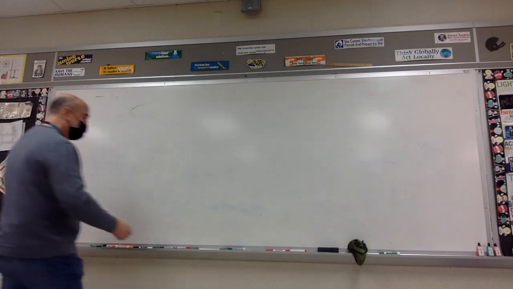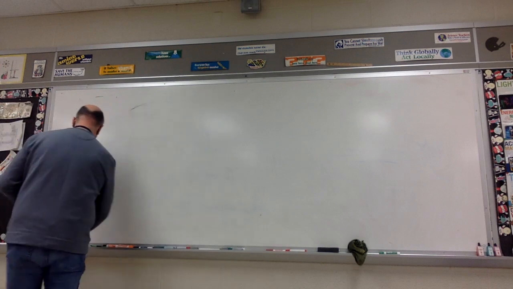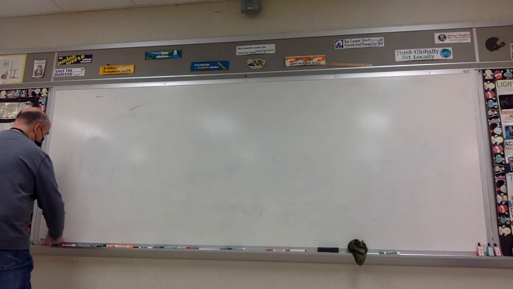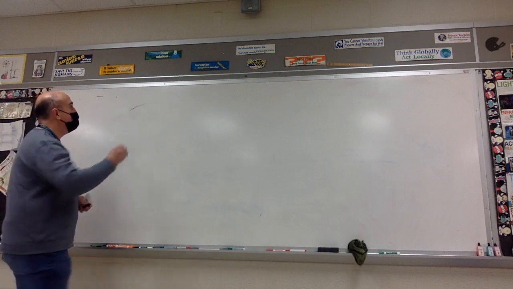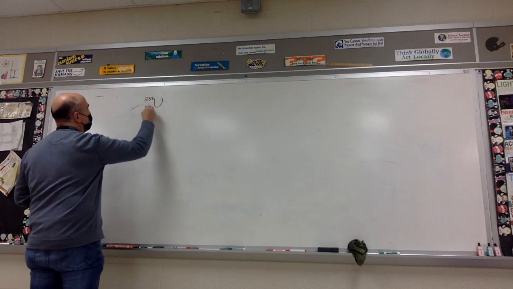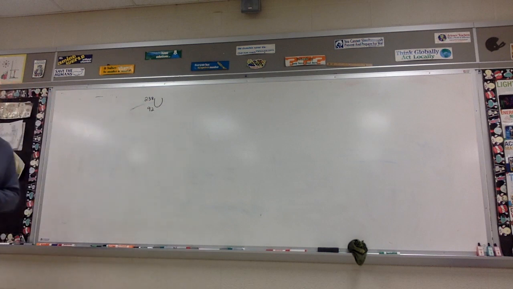But what you're going to do is you're going to get a piece of notebook paper. And you're going to start with the uranium-238. And you're going to decide, is it going to be beta radiation or alpha decay that's given off?